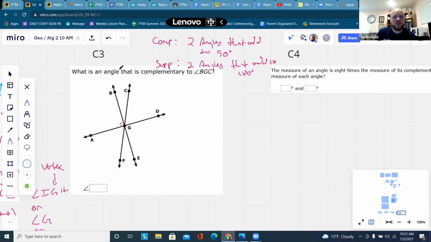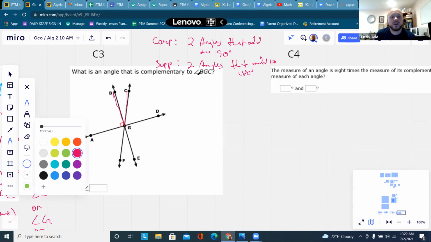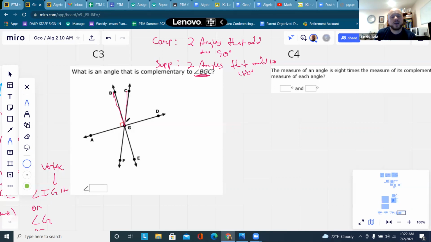So what angle is complementary to BGC? Here's BGC. Let's just find the complementary angle. They have to be two angles that add to 90. We did talk about that right angle box is 90 degrees, and that means this is 90 degrees as well.